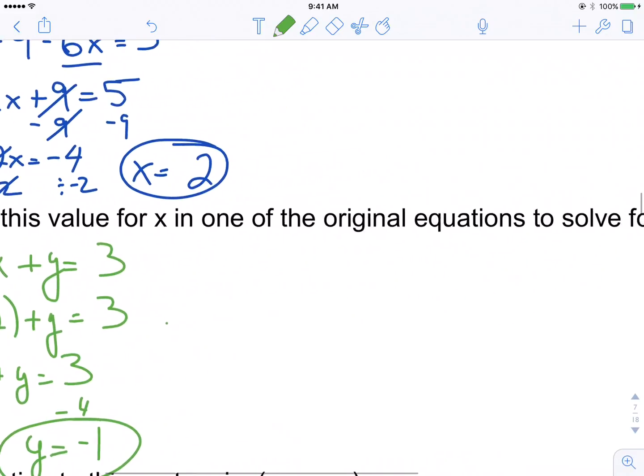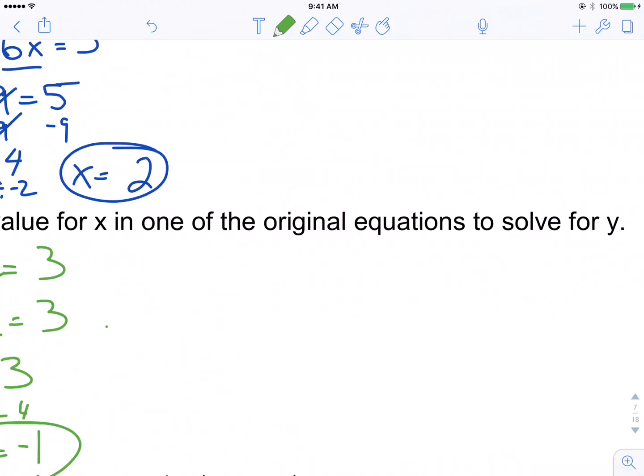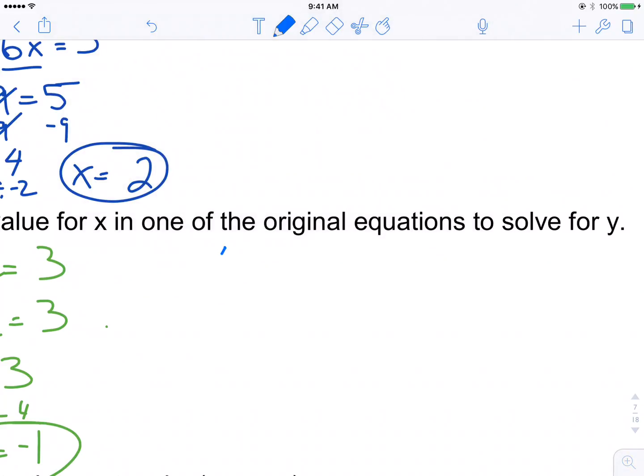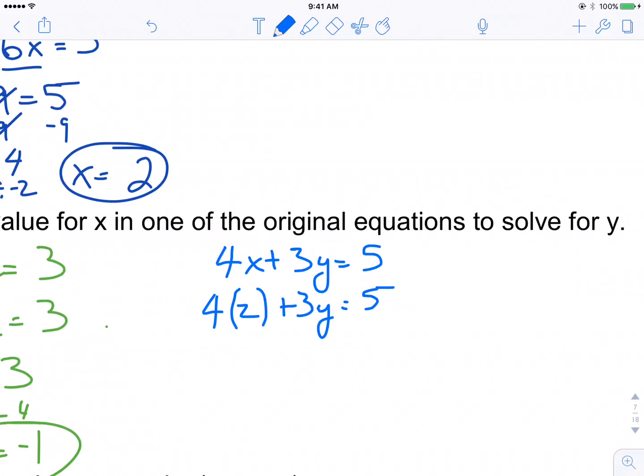If I put it into the other equation, which is 4x plus 3y is equal to 5, and I put in x of 2, that's going to give me 4 times 2 plus 3y is equal to 5.